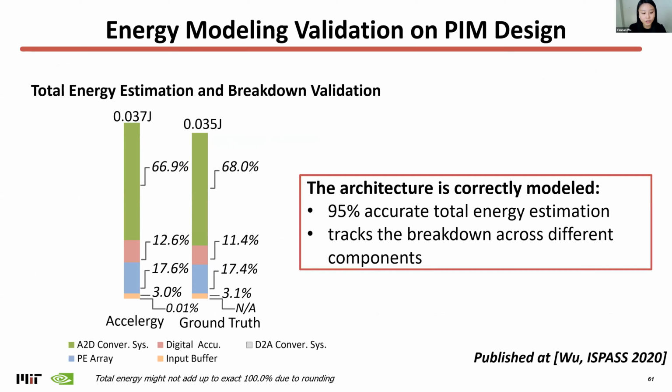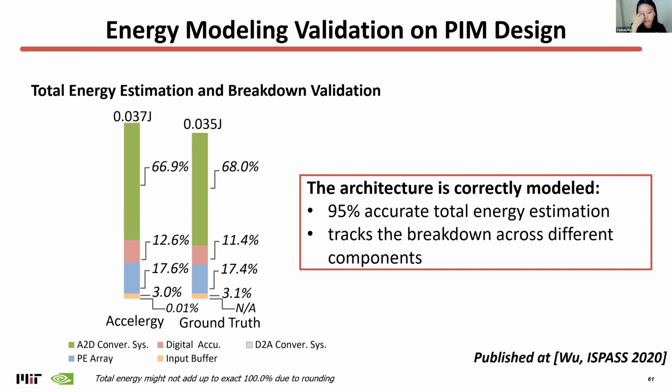Here we're showing a validation in terms of total energy consumption across the VGG layers, and this energy is broken down into the various components in the design. As you can see, we have a very close energy estimation in terms of total energy consumption, which is 95% accurate.